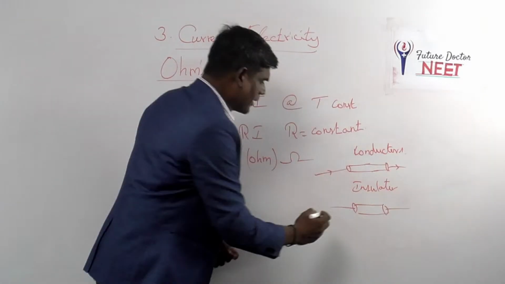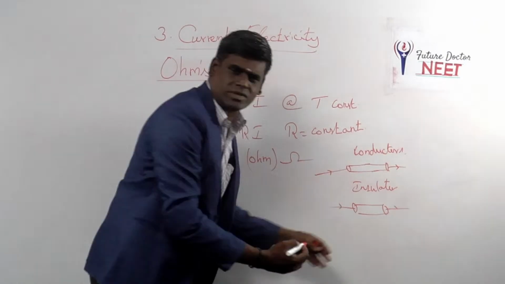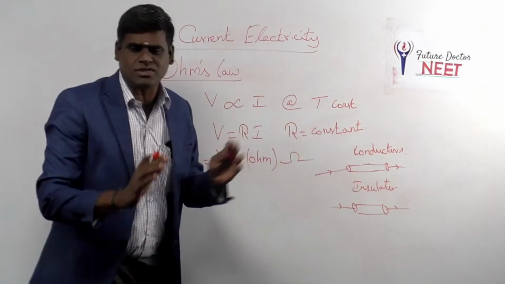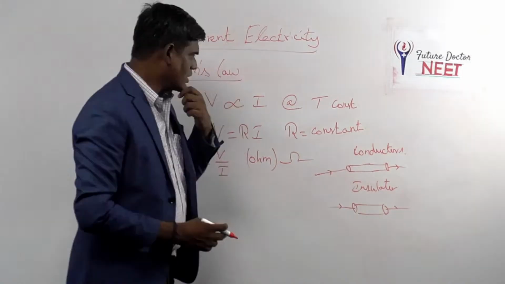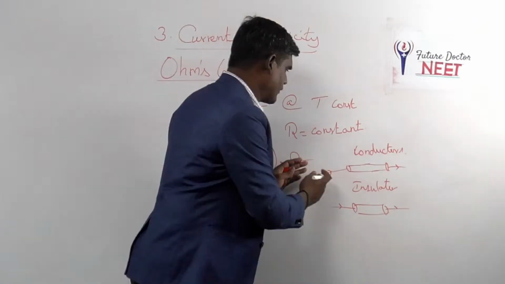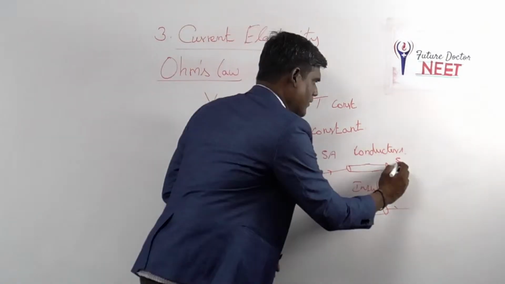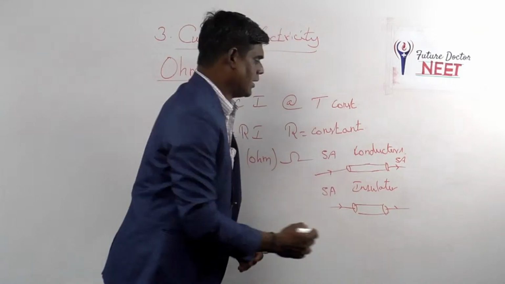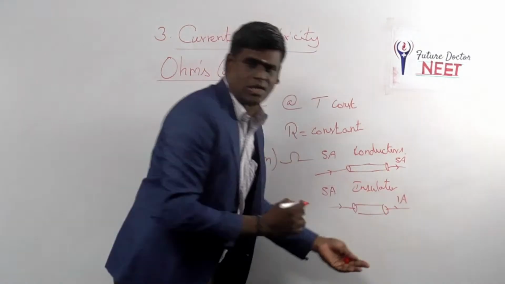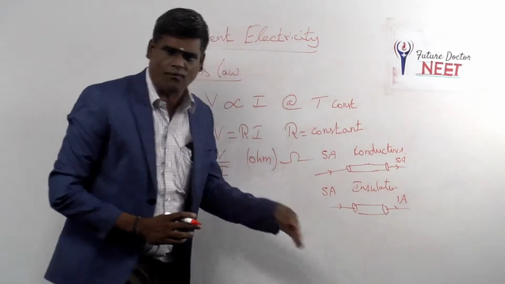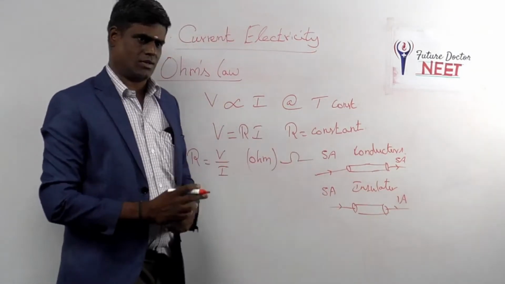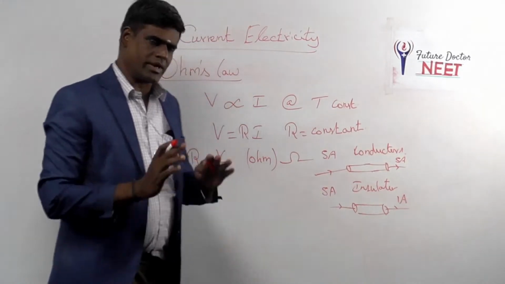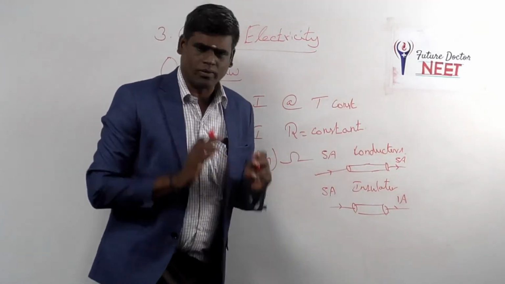It means in both cases there is resistance, but in a conductor low resistance, in an insulator high resistance. Suppose in a conductor you send 5 ampere current, you get 5 ampere or 4.9 ampere, and in an insulator you may get 1 ampere or less than 1 ampere. So the resistance offered is more in an insulator and less in a conductor.